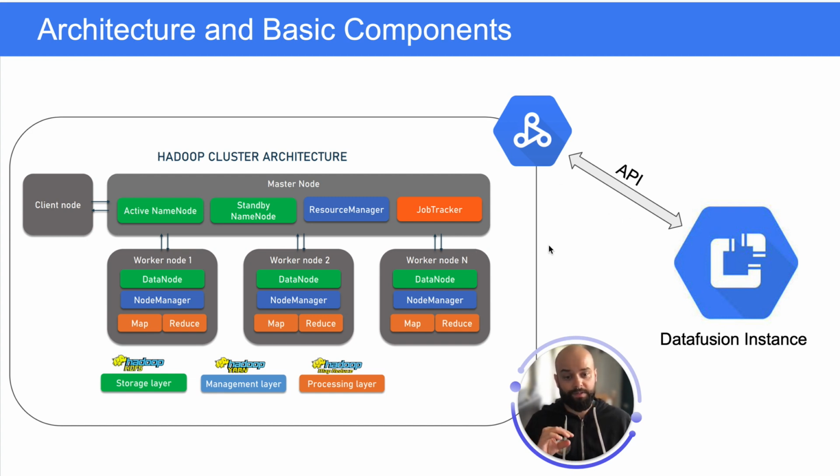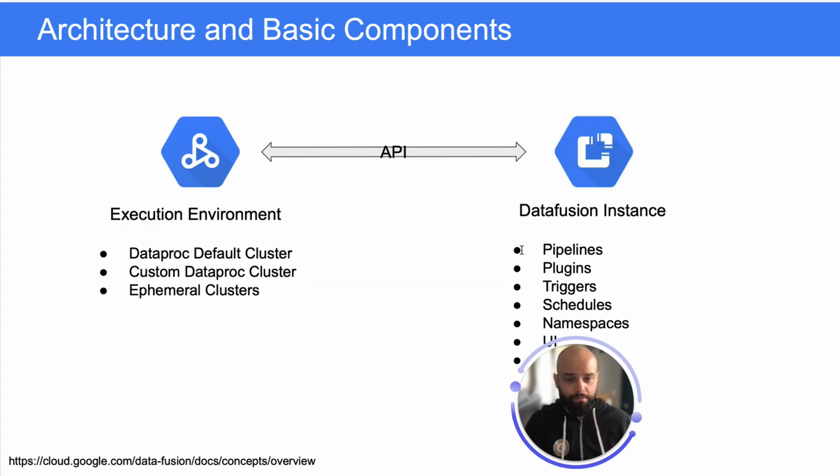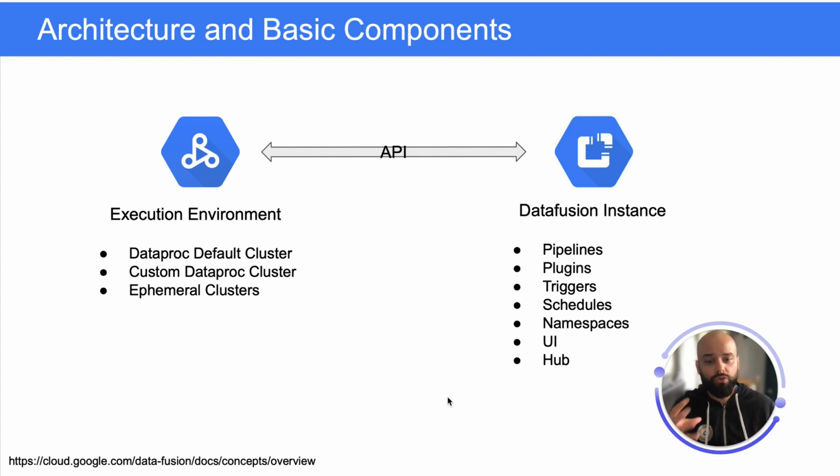Okay, this is the idea. Then let's talk a bit more of details of those two main components. We have some more, but the idea here is for us just to understand the very basics of it. And I suggest you checking out this link for more details on it.